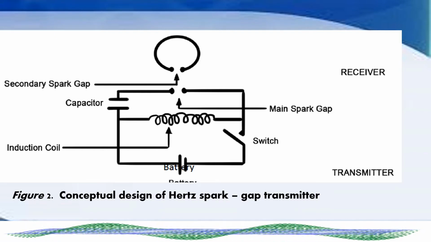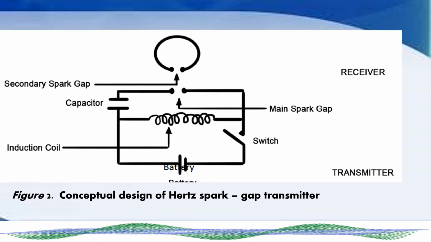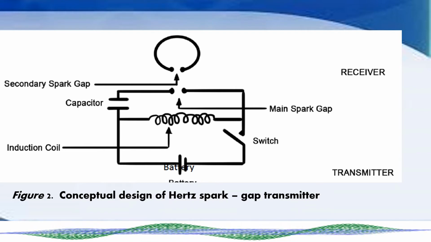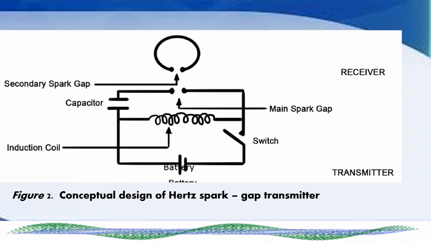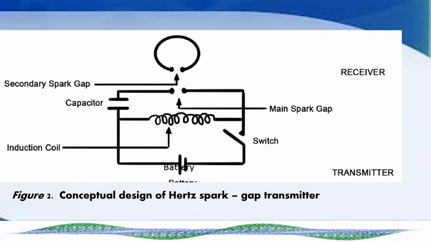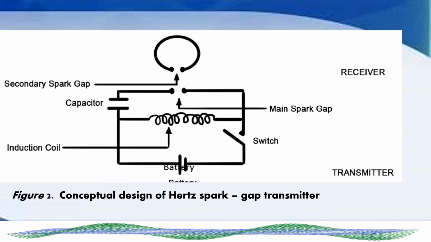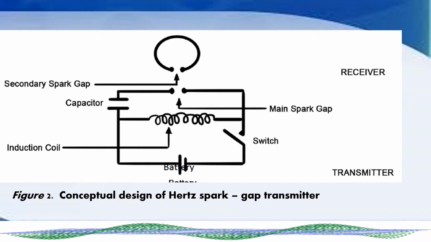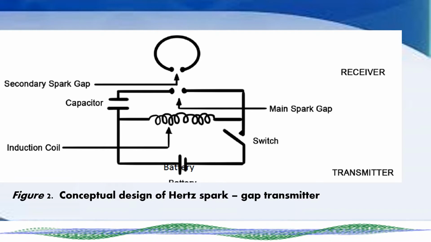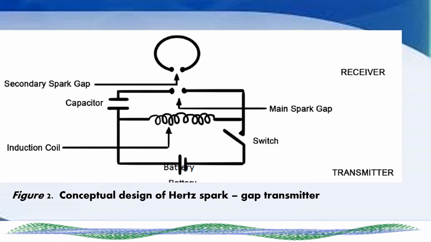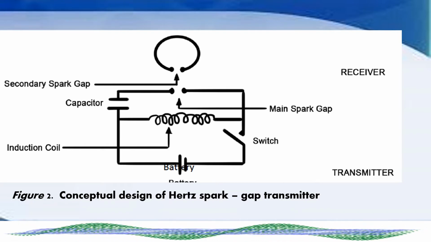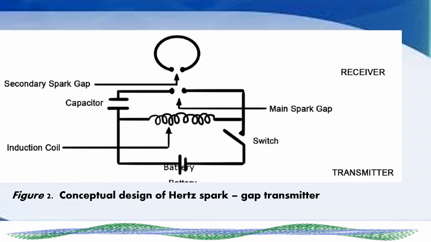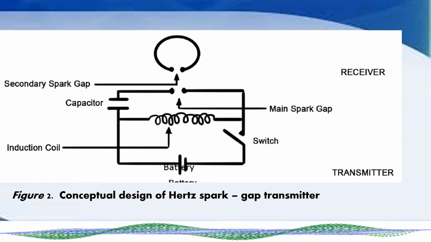A capacitor is a passive electronic component with two terminals that stores electrical energy in an electric field. As he was using his transmitter in front of his students, he applied a high voltage alternating current across the central spark gap.